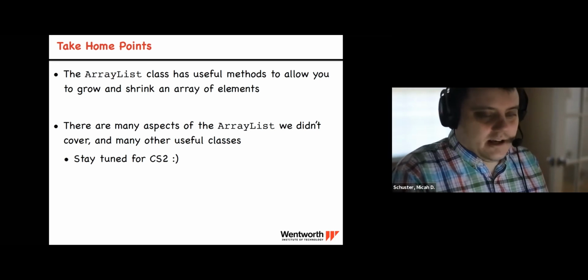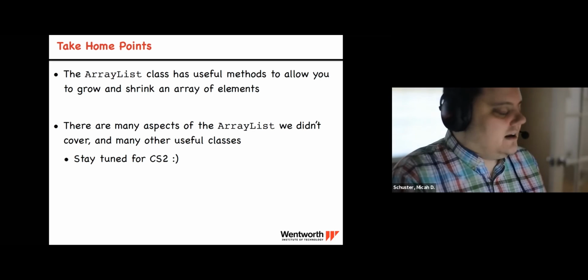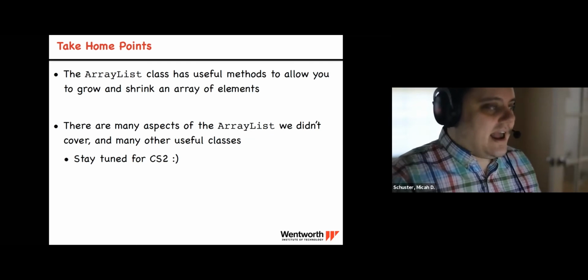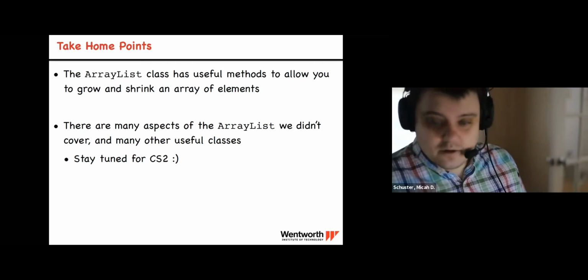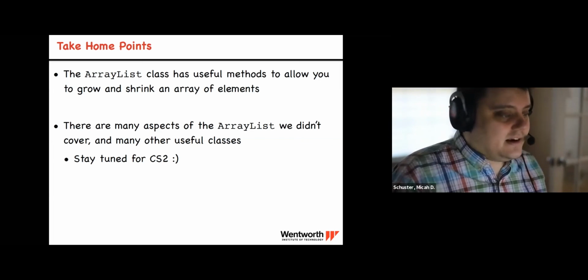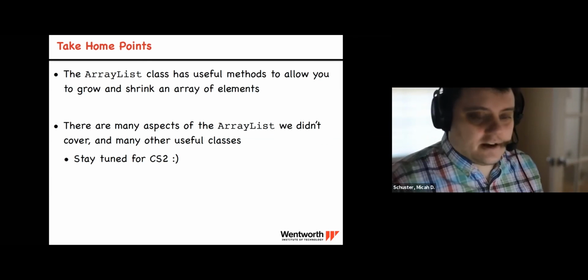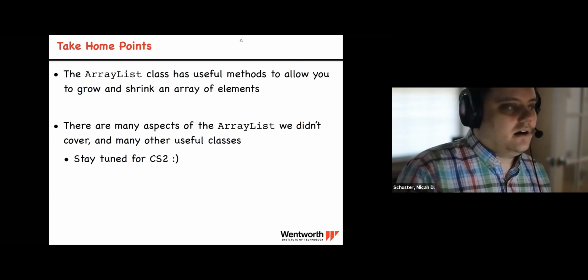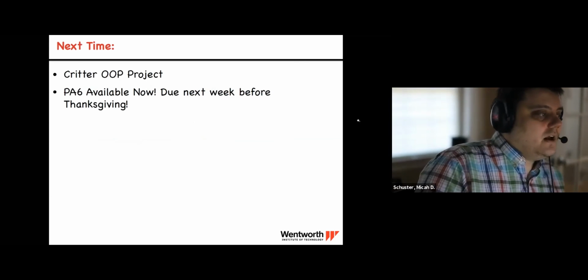But those are things that we'll talk about more in CS2. So for the rest of CS1, and of course CS2, anywhere you think that an array list could be useful, feel free to use them. They're going to give you the same capabilities as a regular array, just a little bit different usage, and a little bit more flexible whenever you need that flexibility.